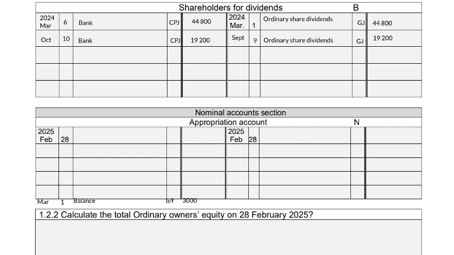So on the credit side, remember your dates are very important. It will be 2025, February the 28th. Ordinary share dividends.